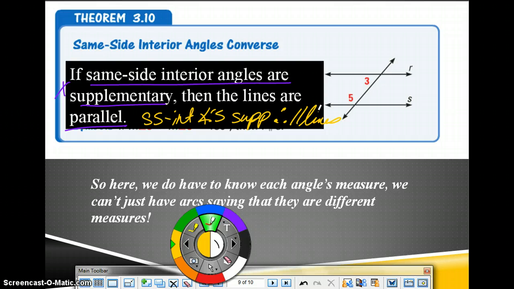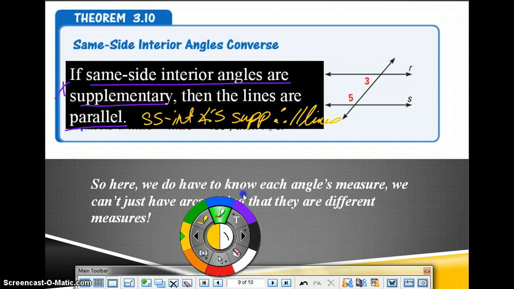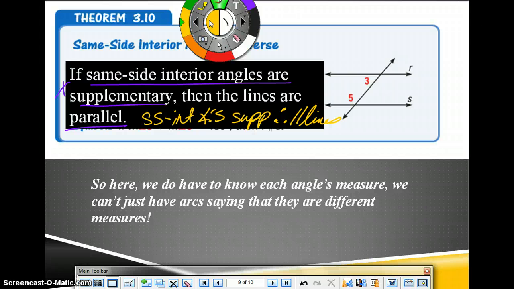And for this one, this is a little bit different than the others because we actually have to know what the angle measures are here. On the other ones we were able to just put arcs, like we had two lines and we said, oh, this one is equal to that one. That's fine with the two arcs, but here we have to know the angle measures because just because they're different, let's say that you have this one marked with a single and then this one down here marked with a double.